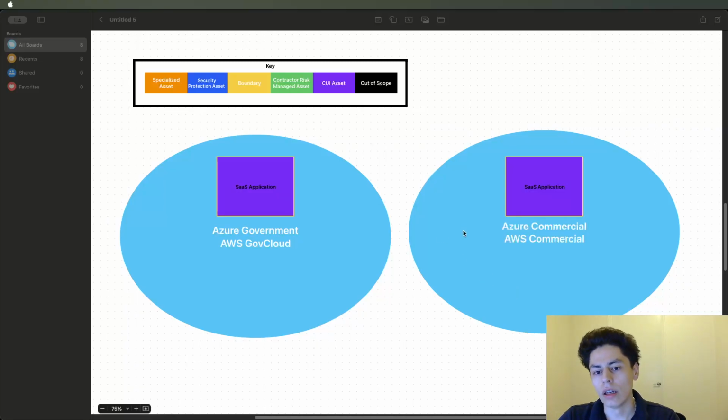So under DFARS 252.204-7012, defense contractors who use cloud services that are going to be processing, transmitting, or storing CUI, it is on the contractor, the DoD contractor, it is their responsibility to ensure that the cloud provider is meeting security requirements equivalent to FedRAMP moderate baseline, or just make sure that the cloud service provider is FedRAMP moderate. Okay?